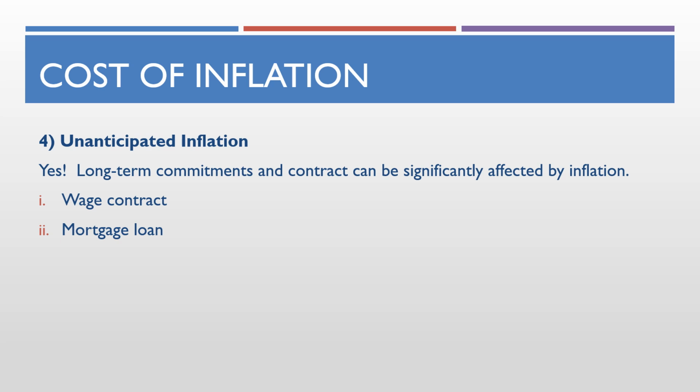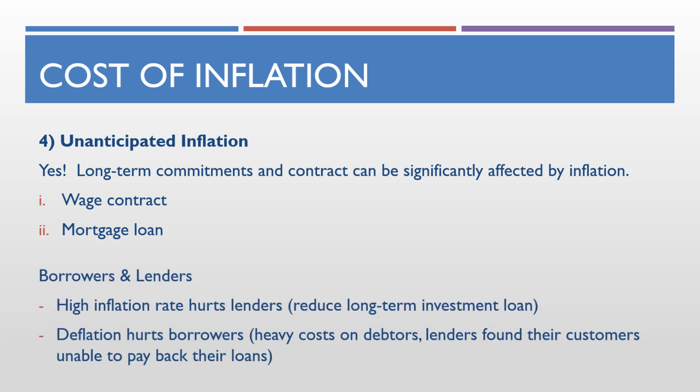In those cases, unfortunately, when the price level adjusts, then some people in the contract have to take the loss, particularly in the loan markets where the borrowers and lenders will have a significant advantage or maybe disadvantage during high inflation or maybe high deflation periods.